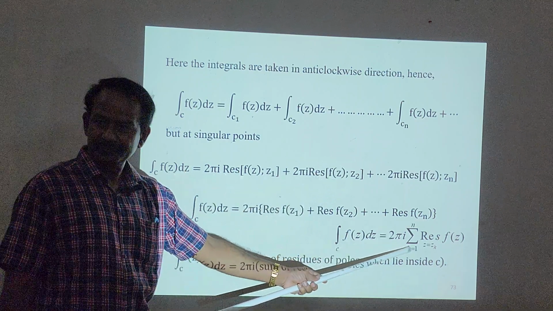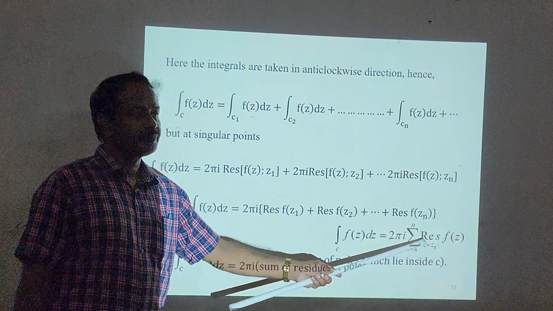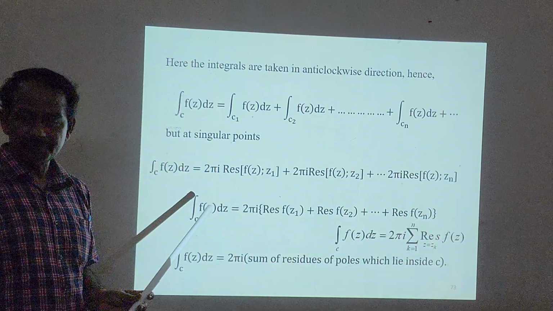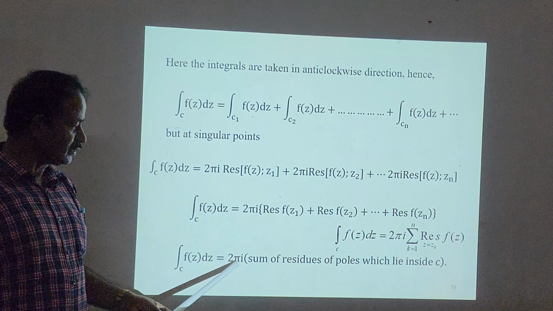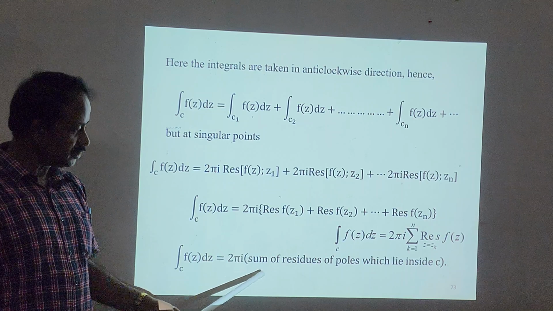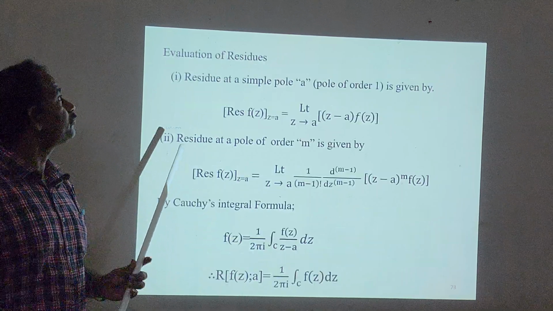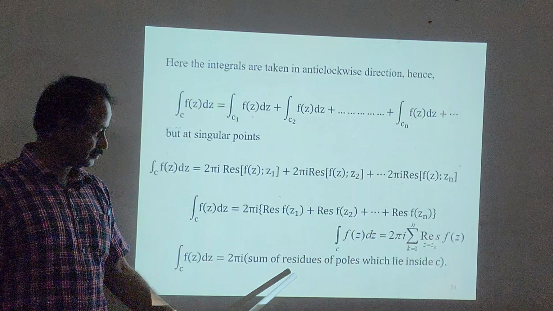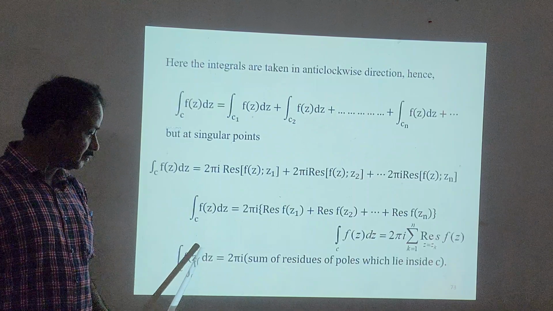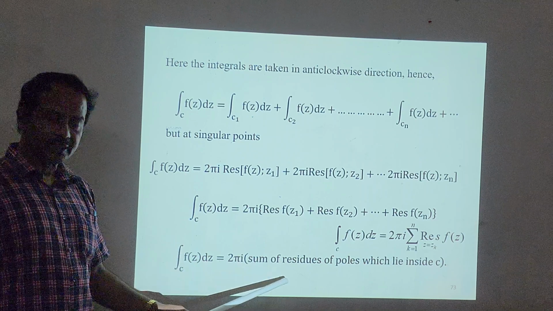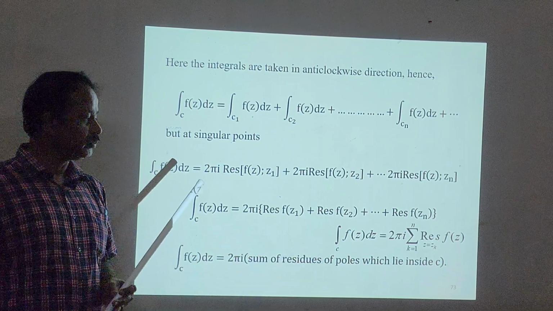I can sum them all: 2 pi i times the sum of residues of f of z at all the points. So the integral of f of z dz equals 2 pi i times the sum of residues at the poles which lie inside C. That is the idea, and this is the formula for Cauchy's residue theorem.